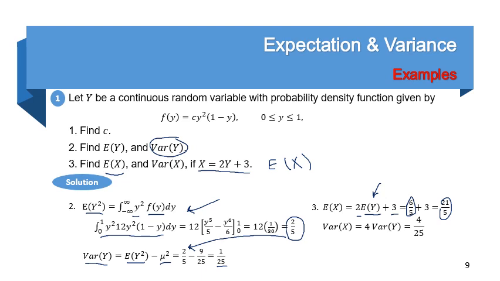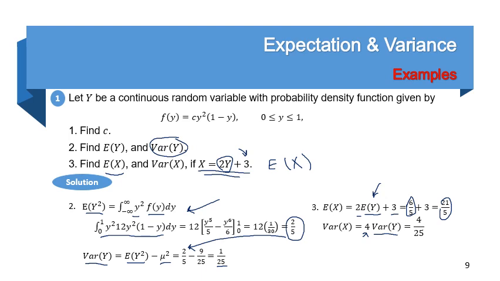In order to get the variance of x, look again at this equation. You need to get the variance of the 2y first, because the variance of the 3 is already 0. So for the variance of the 2y, the 2 will come out as 4 because it's 2 square, as the rules of variance say: you square the constant, then you multiply by the variance of y.